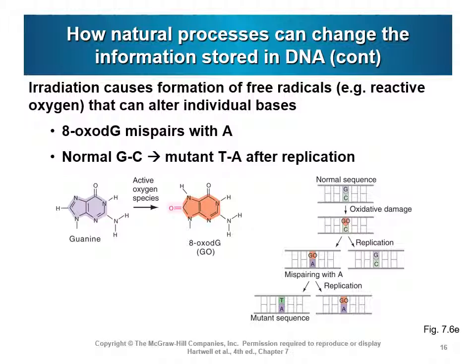And if it's not fixed within our sequence, instead of having an AT complementary pair, we are going to have an A-GO complementary pair, which is not a normal DNA nucleotide, and that will cause a mutation after the replication process.